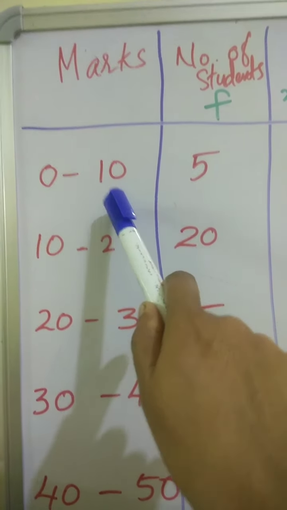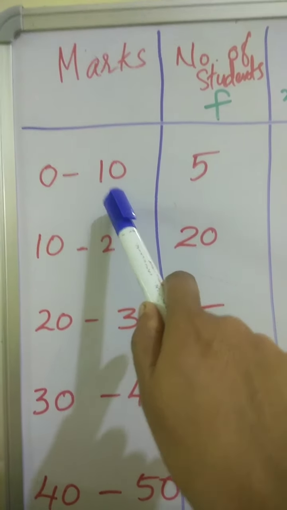So we calculated the midpoint. These are the midpoints. Next find out dx, that is x minus a. We have taken the assumed mean from this.